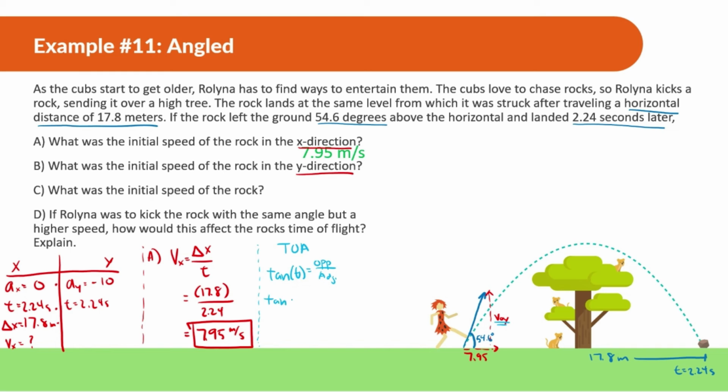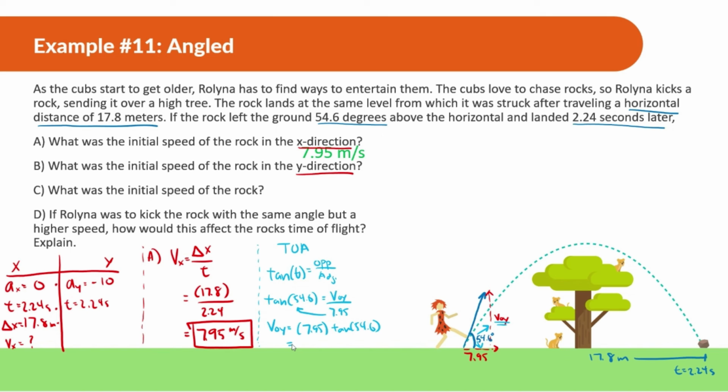So we have tangent, which is 54.6, and hopefully you could look at your formula sheet for all of this, is equal to opposite, which in this case is the side opposite, the initial velocity in the y, divided by adjacent, which is 7.95. So we should know that the initial velocity in the y is equal to 7.95, I'm just bringing this over to the other side, times tan of 54.6. And let's see what we get.